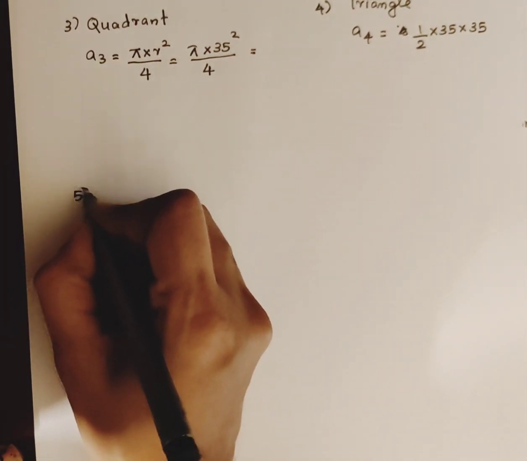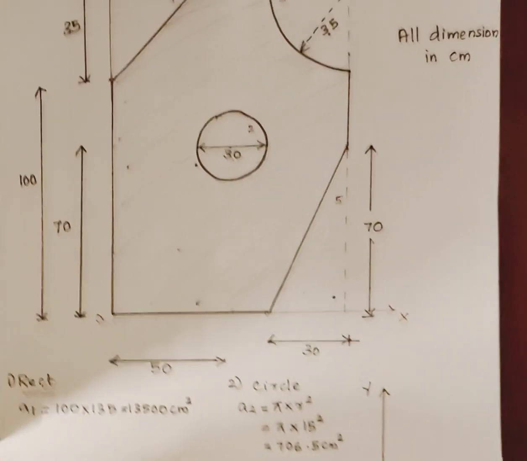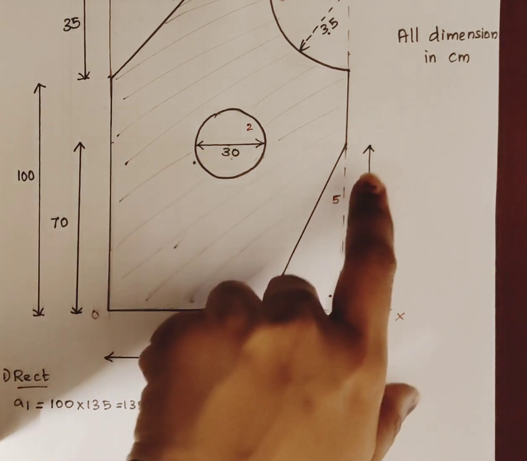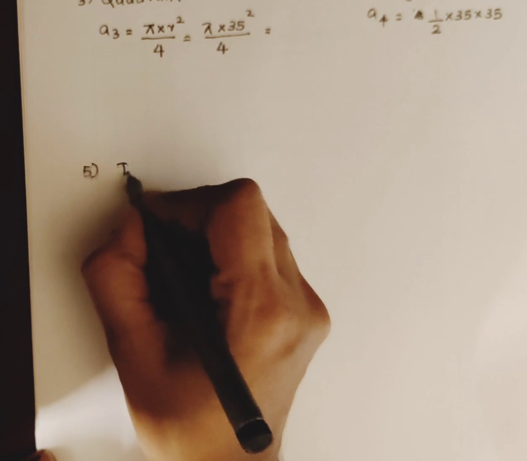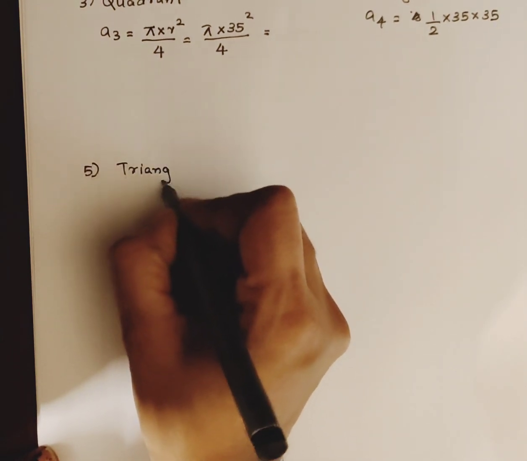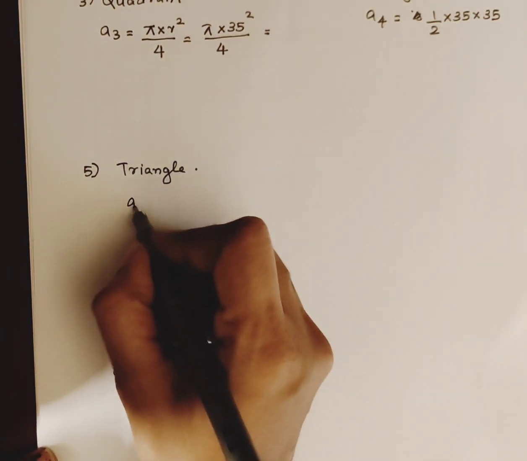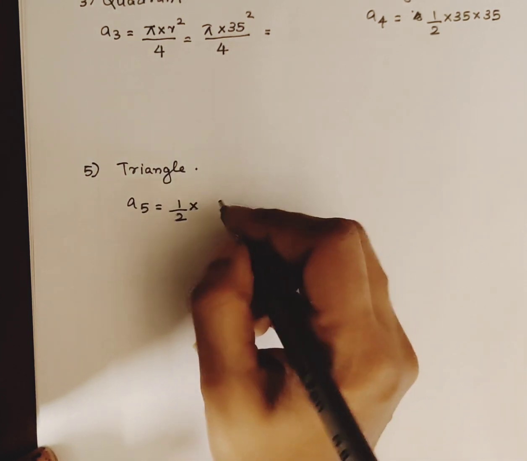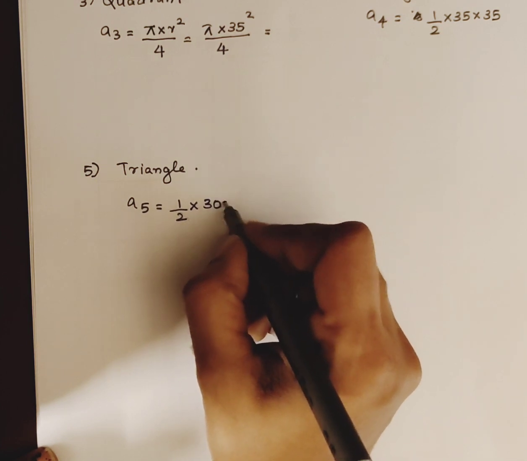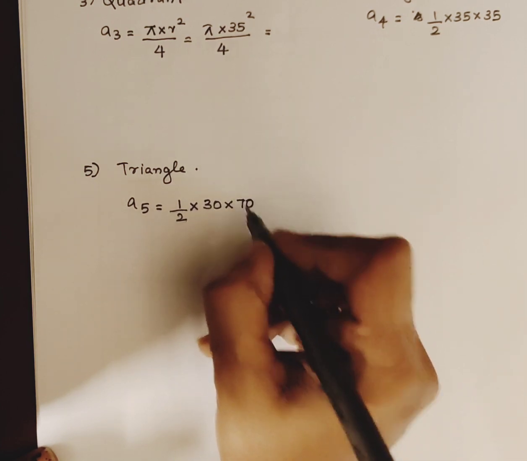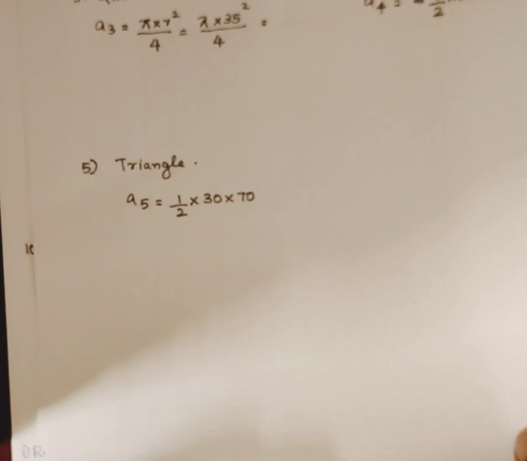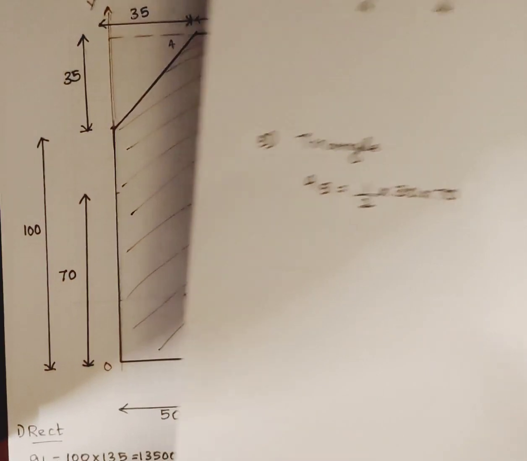And the fifth figure is again a triangle whose base width is 30 and depth is 70. So A5 is equal to half into base width into depth. Base width is 30 and depth is equal to 70. So these are the 5 figures.